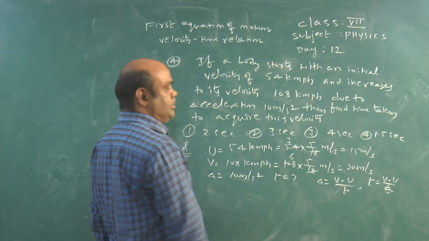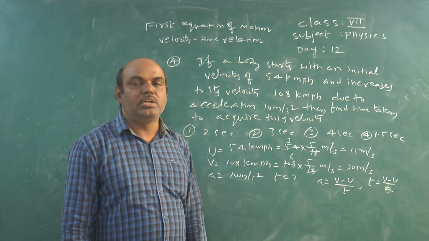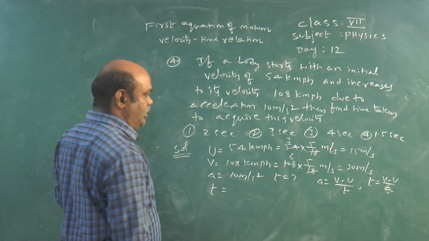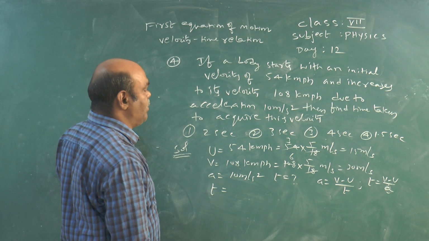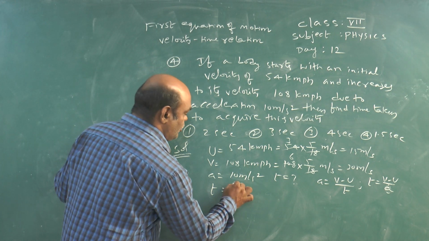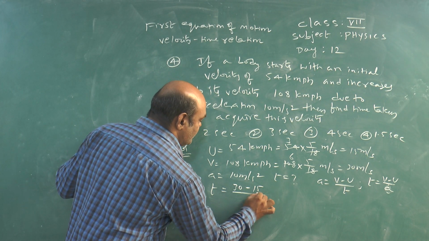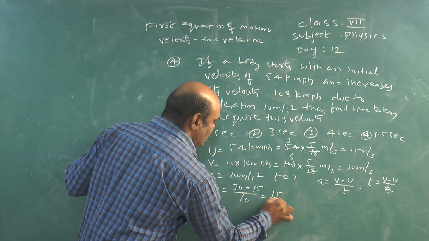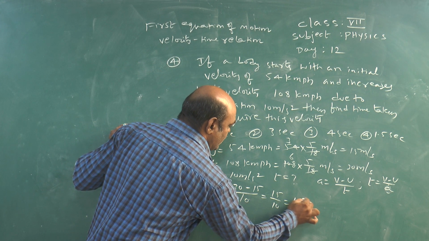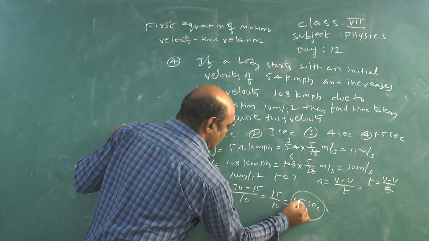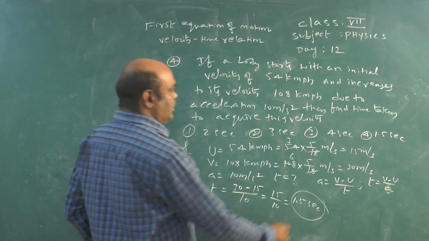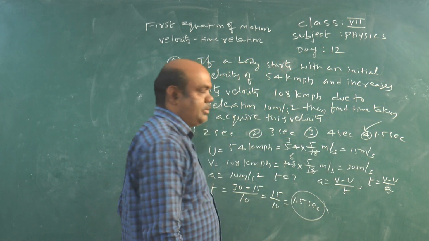So t equal to 30 minus 15 by the acceleration 10. So 15 by 10, the answer is 1.5 second. So here the fourth option is correct.